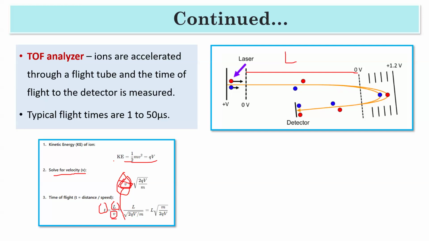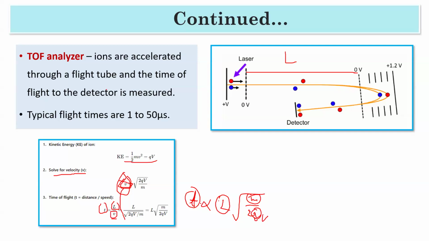So you see this time is directly proportional to L and the square root of m by 2qV, right? So if you know this time and you know this length, you can know what is the m by q. I hope you understand.